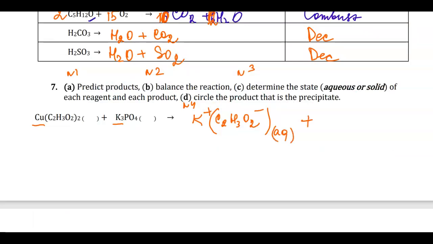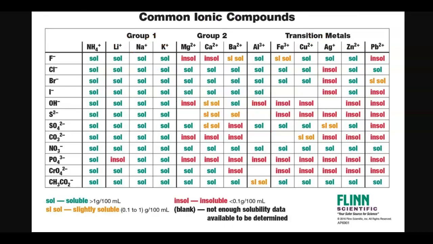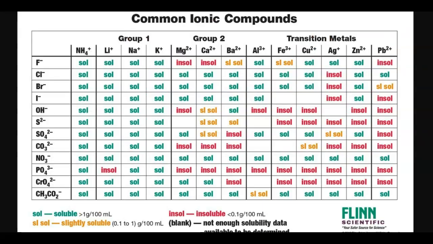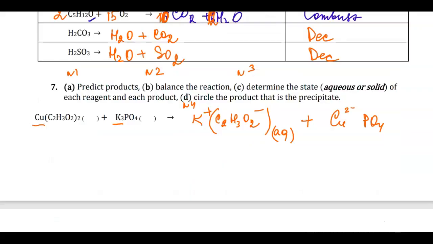Plus PO4, now instead of sodium it will be copper, copper PO4. Oh, and this is a kind of tricky one, right? So for PO4, it's 3 negative. For copper, it's 2 positive here, right? So 2 positive and 3 negative here, 3 and 2.